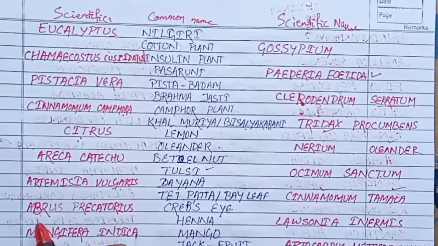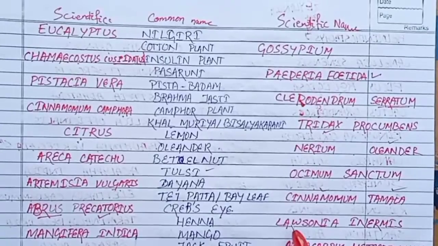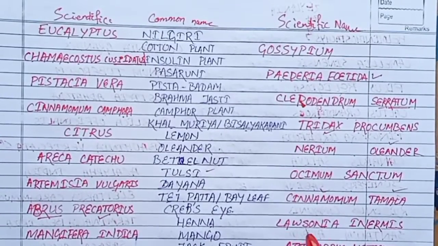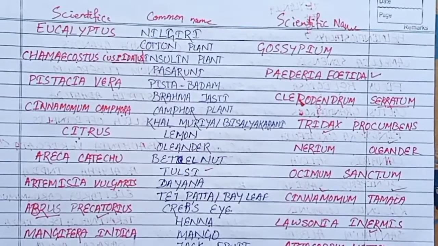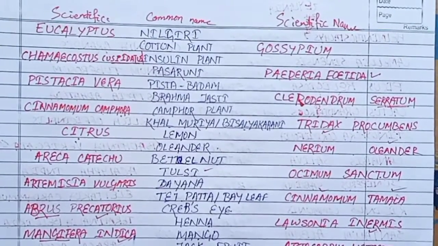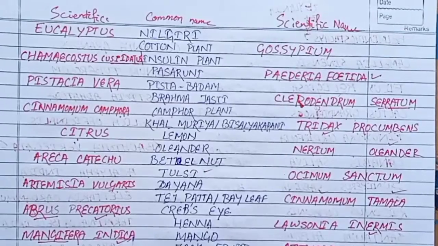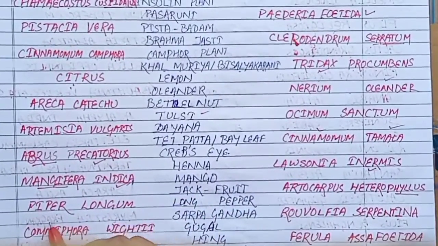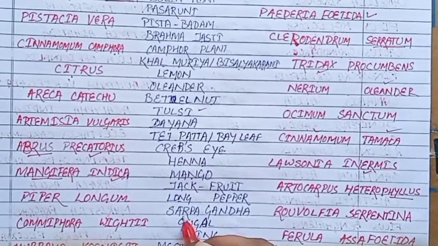Then crab's eye, which is Abrus precatorius. Henna, whose scientific name is Lawsonia inermis. Mango, Mangifera indica. Jackfruit, whose scientific name is Artocarpus heterophyllus. Long pepper, that is Piper longum.